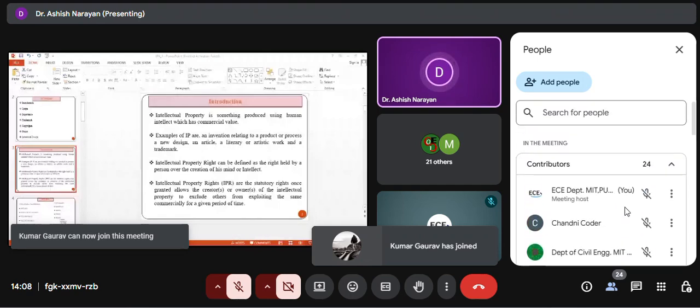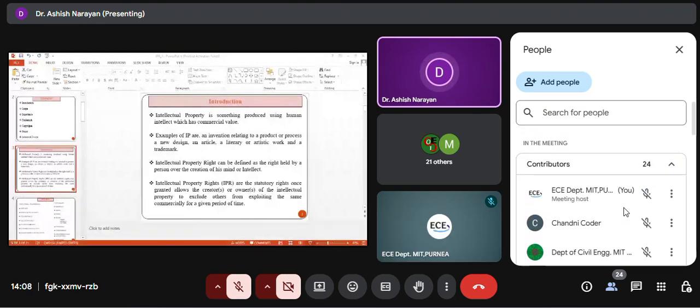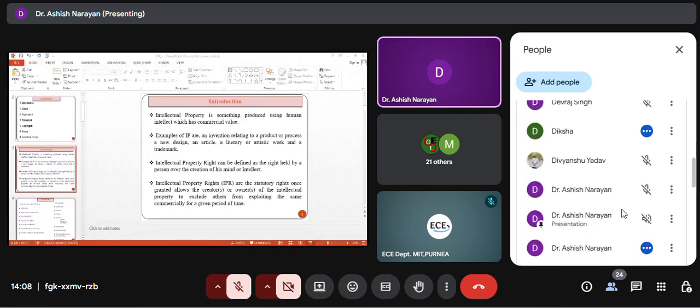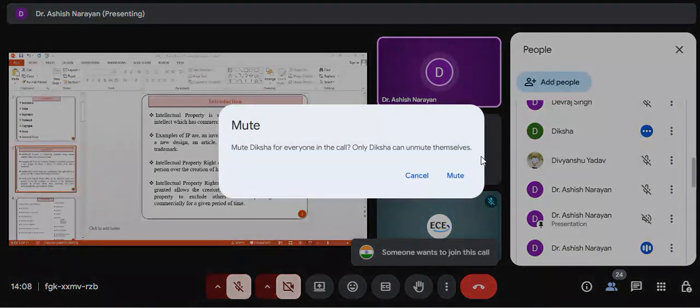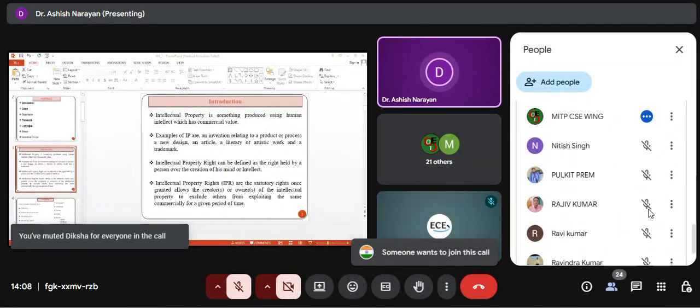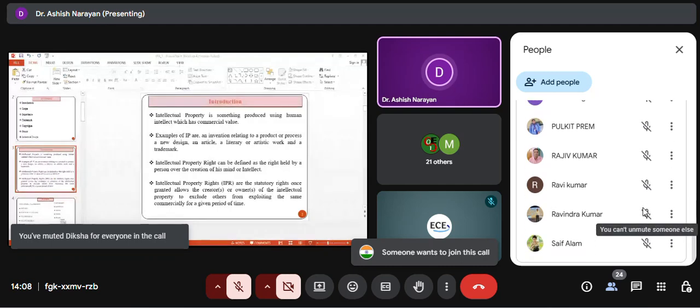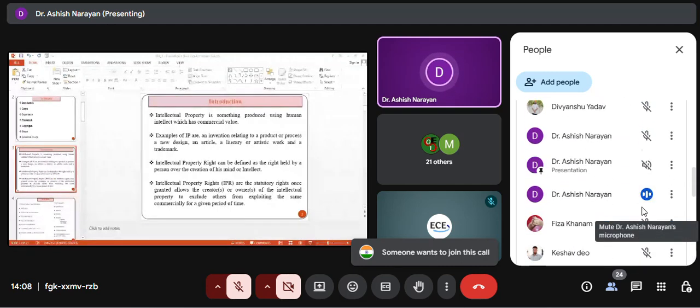The industrial property, like a patent or industrial design: you have to develop your product in the form of a patent, or if you have some idea about a design, you have to create a new design of any component like an IC engine, turbine blades, and all the other things whatever you use around you in your society. So an idea can also be patented.